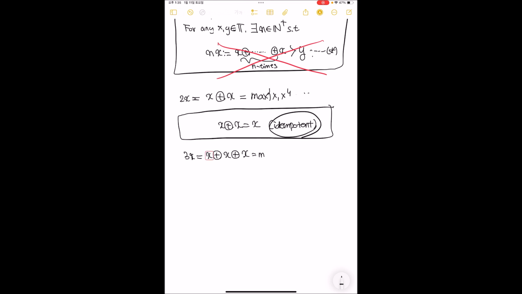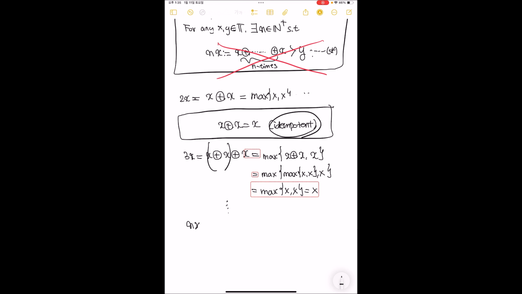That is also x, because, as I said, the associative law is satisfied. Take this part, then that is x plus x and x, and that is again this. But the max between x and x is still x, so we obtain x.